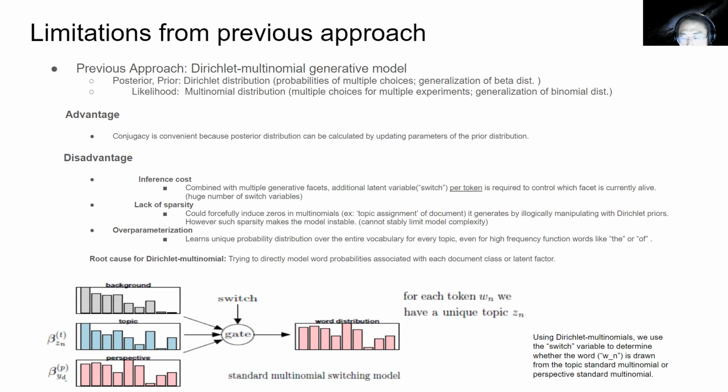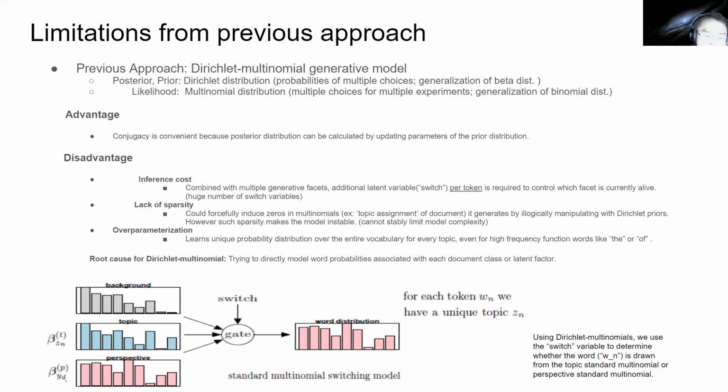With this approach, for each token, each word, we would have to use a switch variable to control which latent facet is currently active. This term facet could be a little confusing, but it could be a topic or a perspective, as you can see in the diagram in the left bottom. Each topic and perspective is an example of a facet in this case.